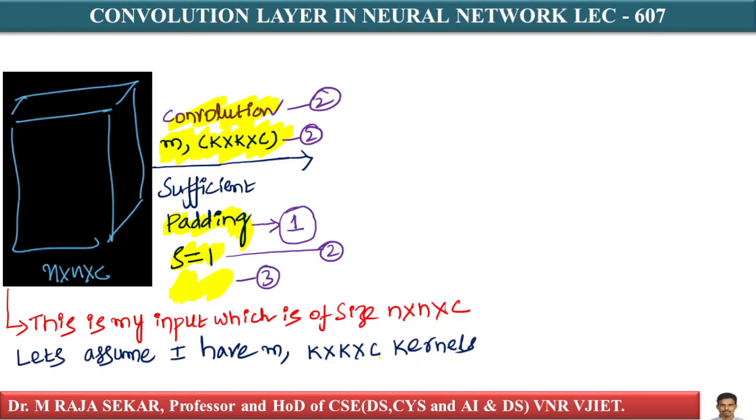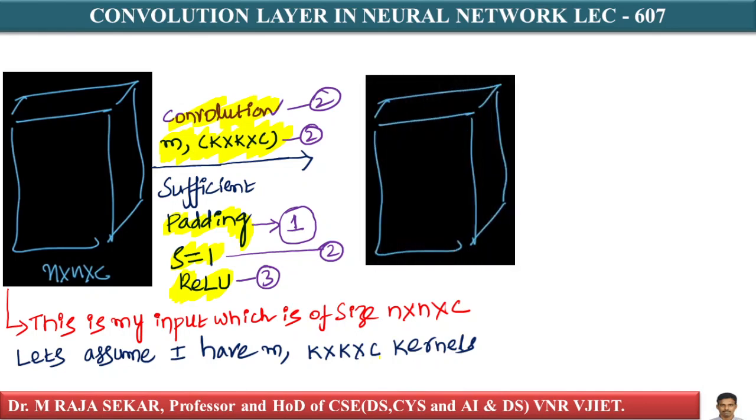Then my third step, what will I do? Then apply my ReLU. So first padding, second convolution with stride, third is taking ReLU. And what is the output of this one?